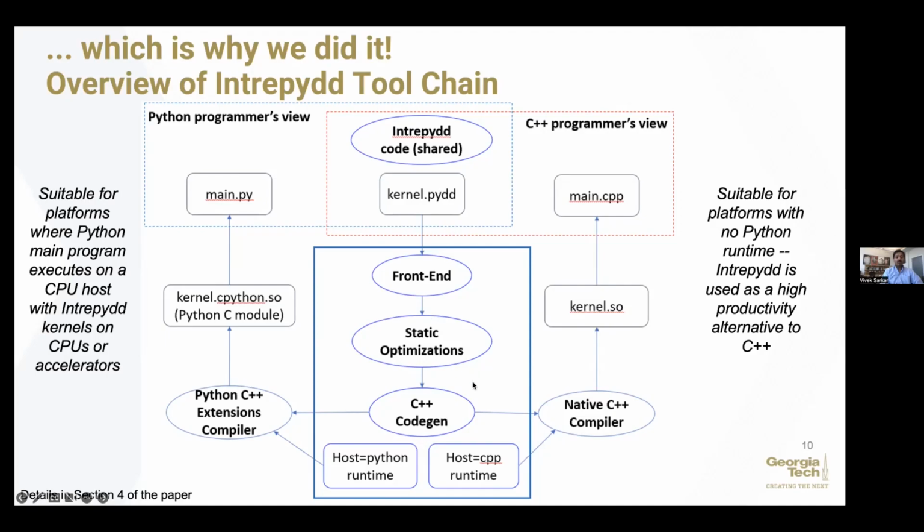Or if you want to use this really more as a DSL, maybe you have some specialized hardware where it's not even feasible to run a Python runtime, but it does support C++ code, we have the host equals CPP mode, where the main program and everything is in C++. And these two, while at a high level they're similar in content, are very different in terms of the libraries they use, because when you go through this compilation path, you cannot assume the presence of any Python libraries.